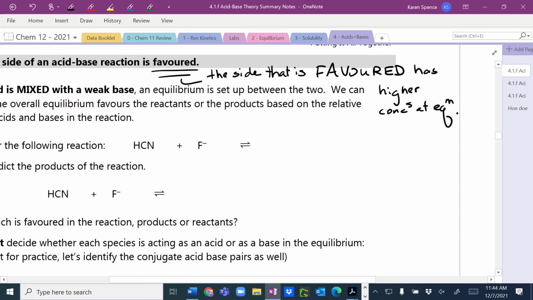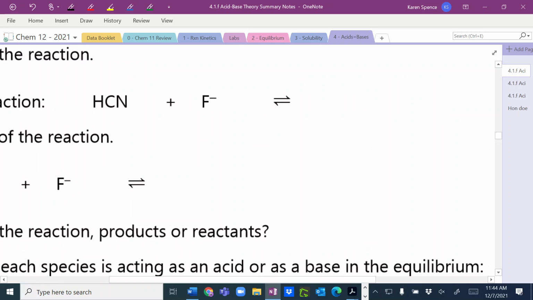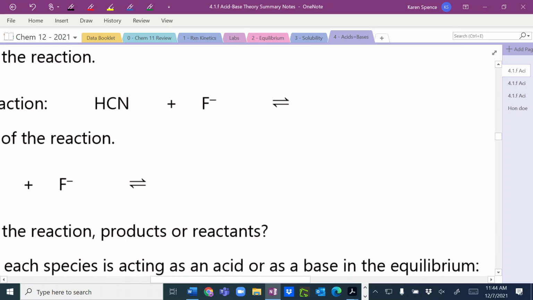So here we have an acid and a base. Who is our acid and who is our base in this HCN plus F minus? HCN is the acid and F minus is the base, and so our hydrogen is going to transfer from the acid to the base.